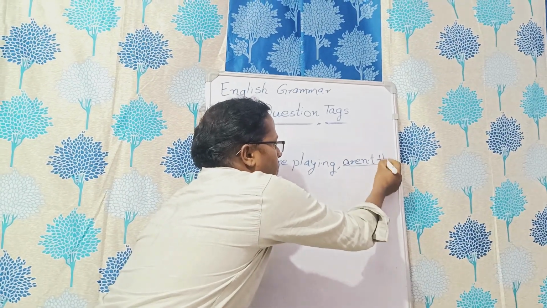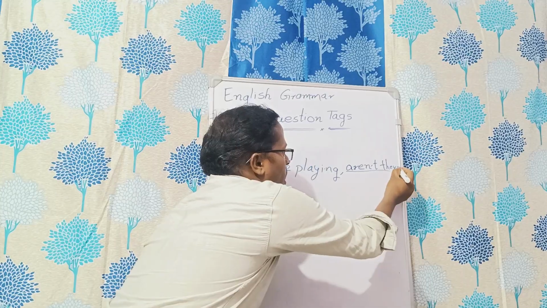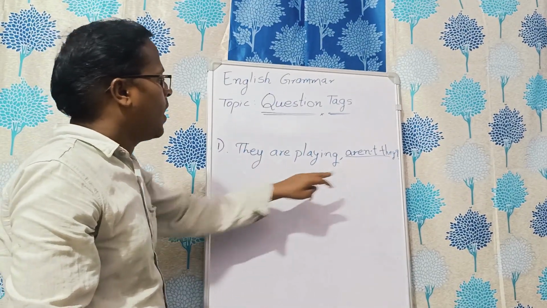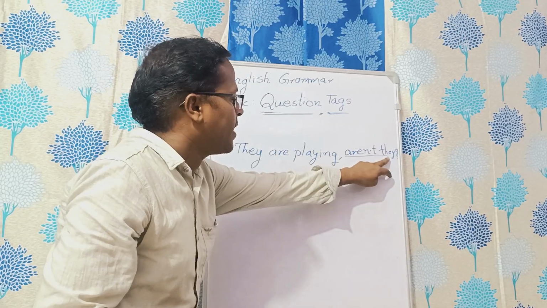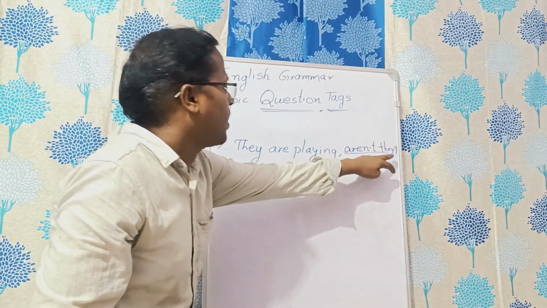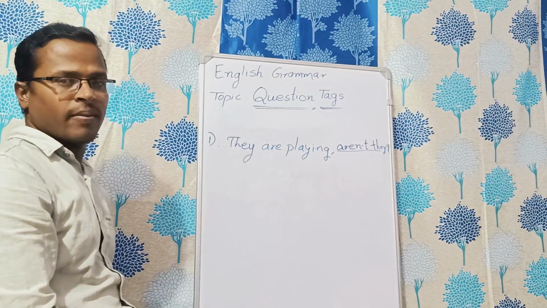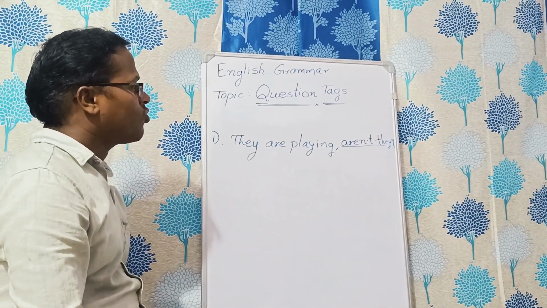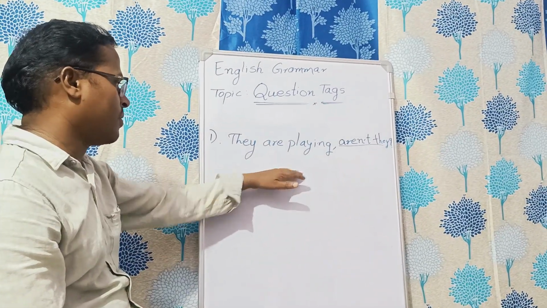"They" is the subject pronoun, and we end with the same subject pronoun in the question tag. So this is how to add the question tag to the given sentence.